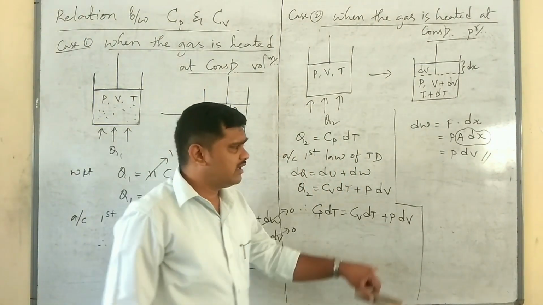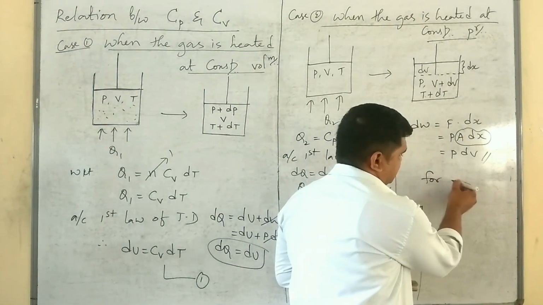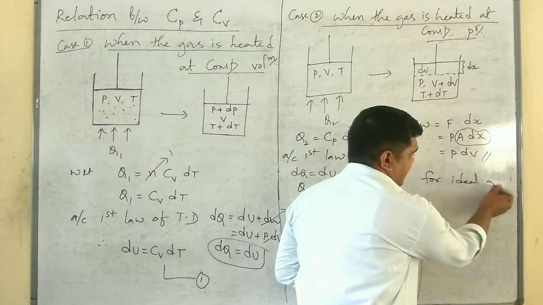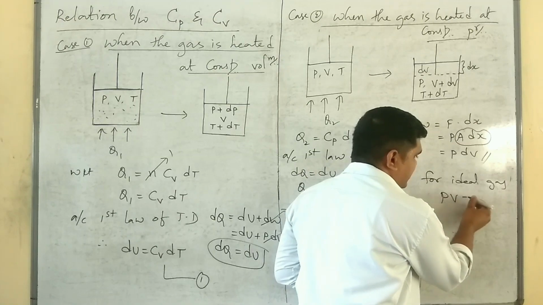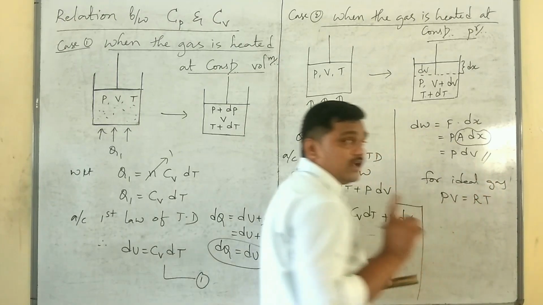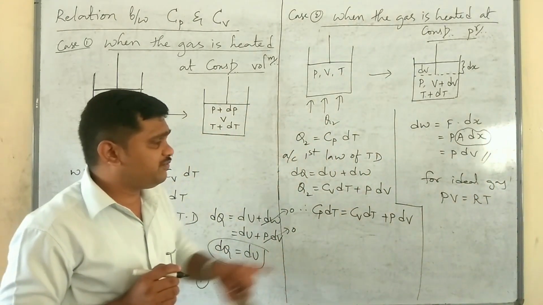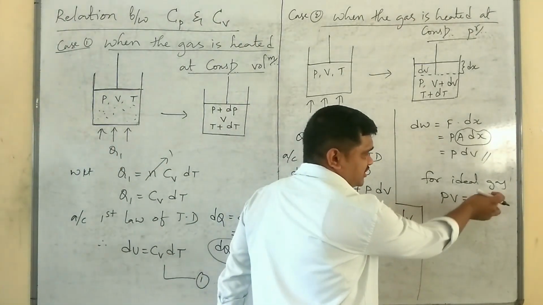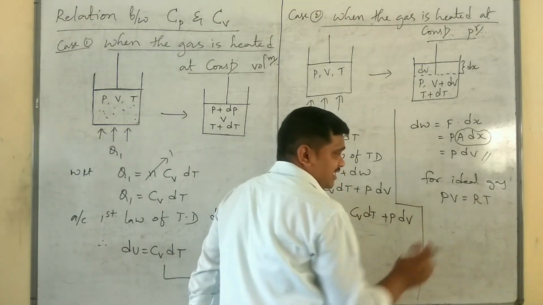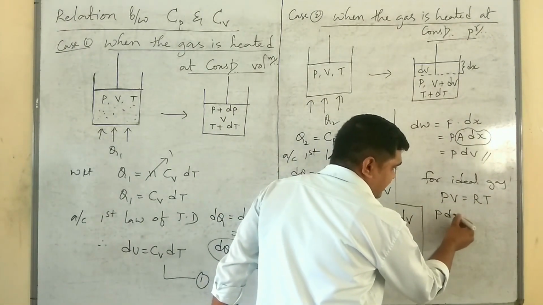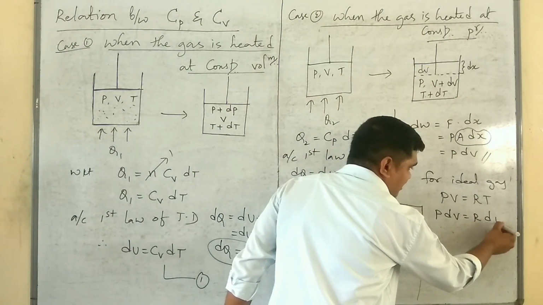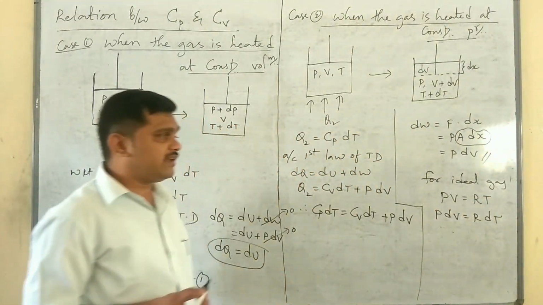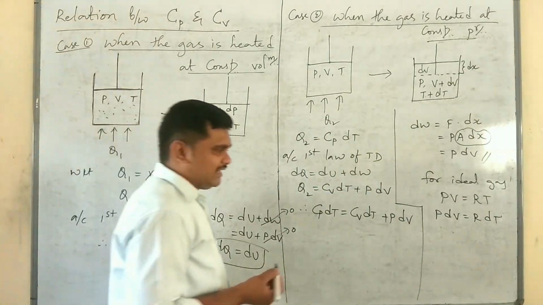Next, for an ideal gas, we can write PV is equal to RT for 1 mole of ideal gas. If we differentiate this equation at a constant pressure and by keeping R constant, then PdV is equal to R dT.